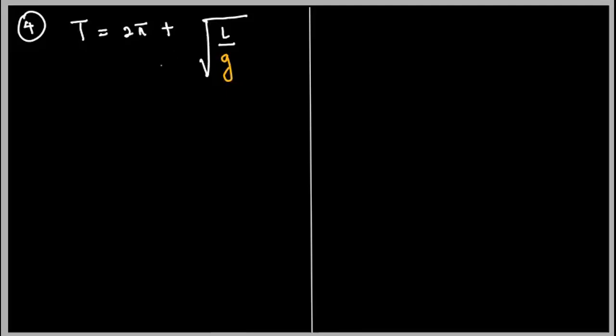It is very easy to separate 2 pi from the square root of L over G. How can this be done? I can choose to rearrange if you want to. Let me write it this way.